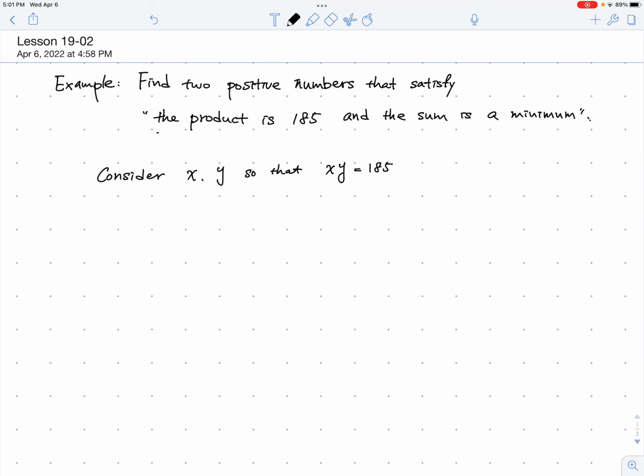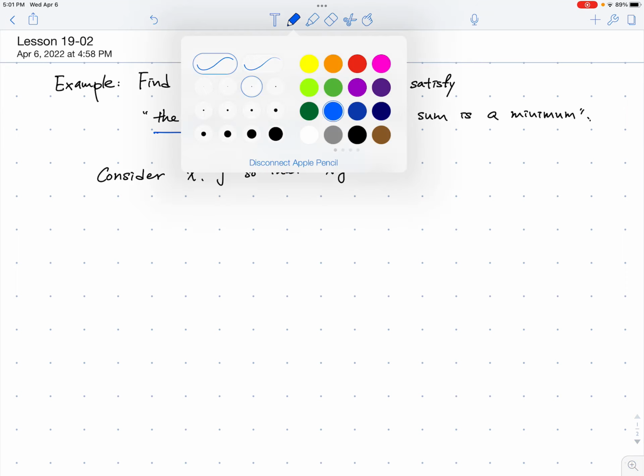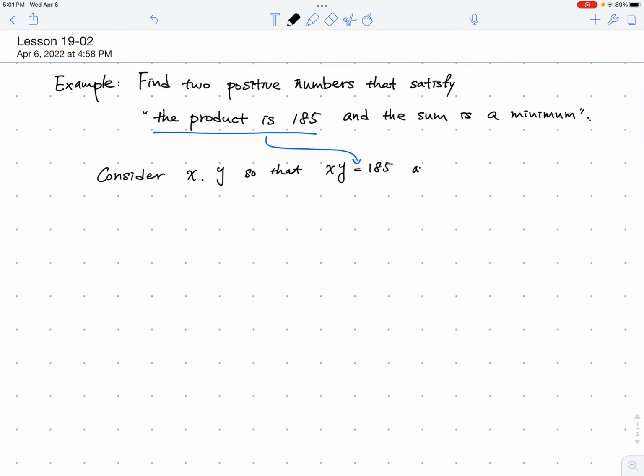Because it says the product is equal to 185, and we consider a function f of x, y as x plus y, and I'm looking for the x and y so that this x plus y is a minimum.